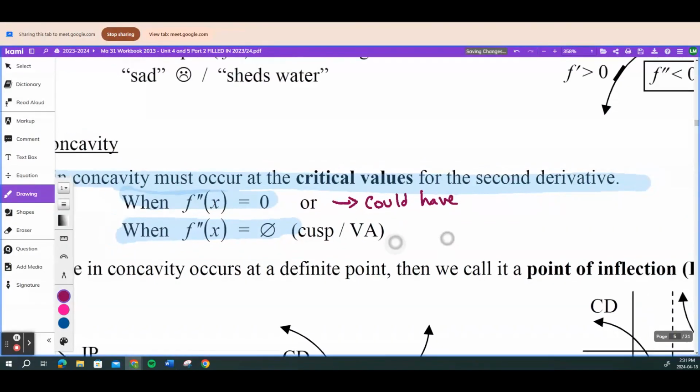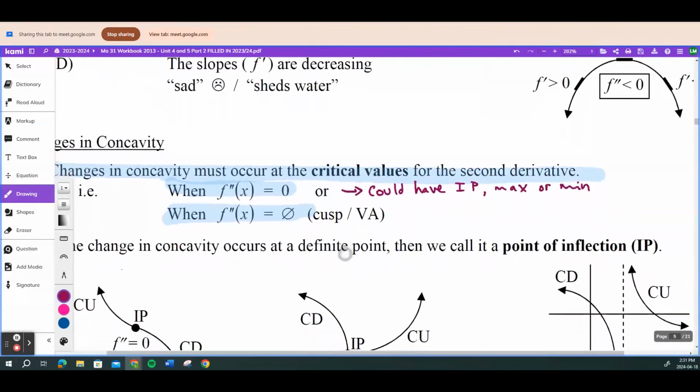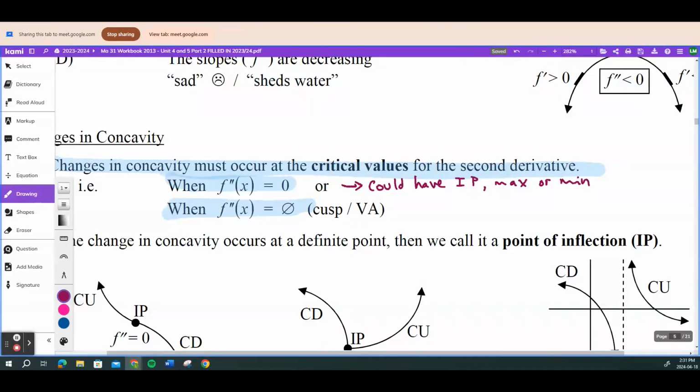I'm just going to abbreviate inflection point to IP, and max or min. Okay, and where the second derivative does not exist, it's either going to be a cusp, which is sometimes called a corner, or a vertical asymptote.